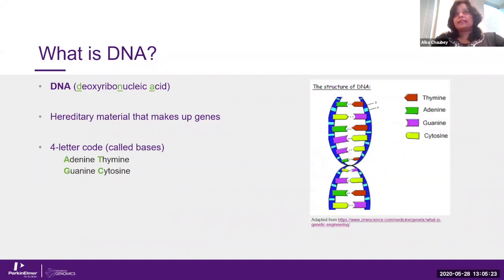You can see how they pair: adenine pairs with thymine and guanine pairs with cytosine, color coded here. This is how we have 2 strands of DNA that are complementary to each other, and this is what our hereditary material essentially is.